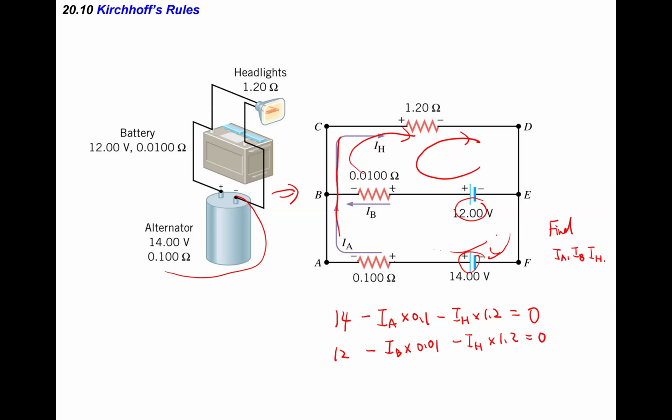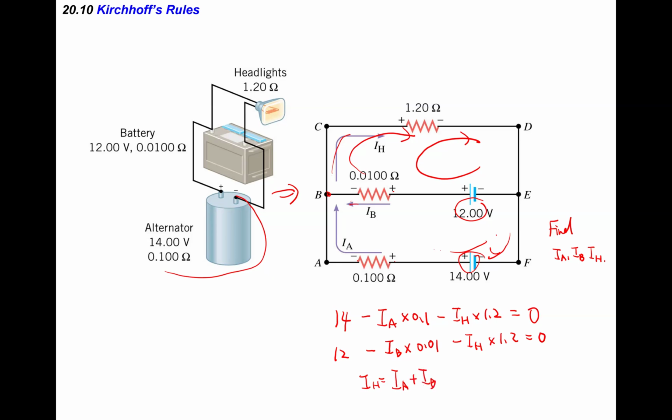And then we are going to have the junction rule. Let's take a look at this junction. You have two currents going into the junction, and you have IH coming out. So for here, IH will be equal to IA plus IB.